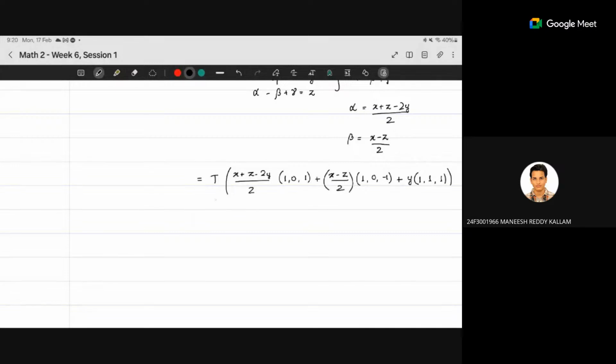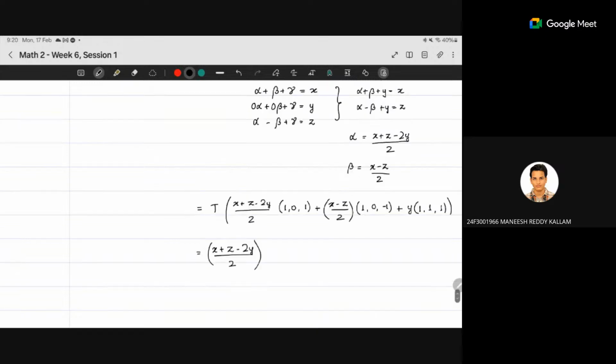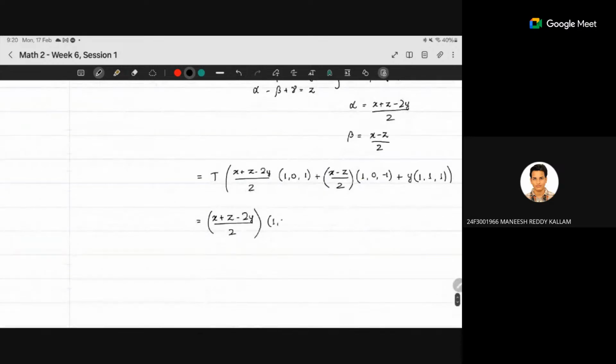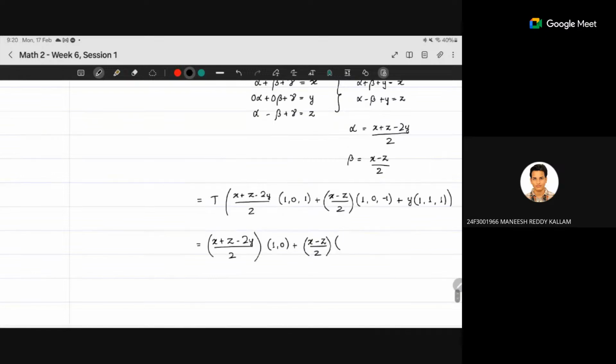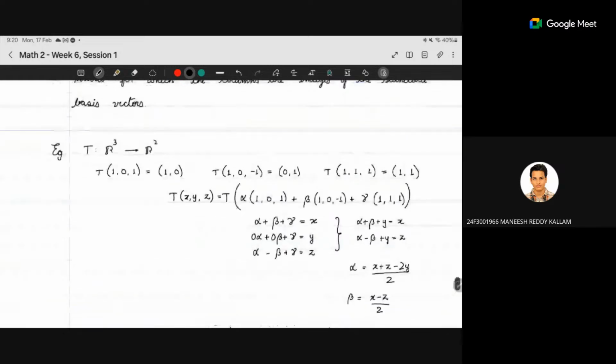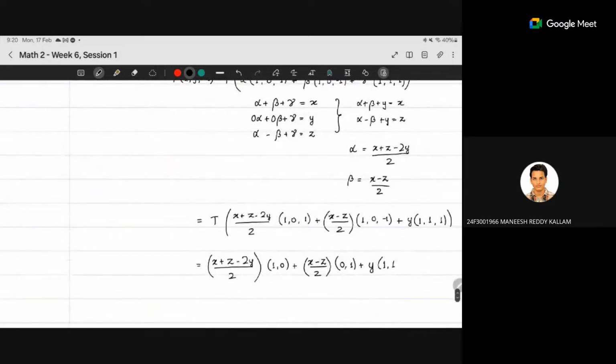But this is how we leave it, because using this, I'll get (x plus z minus 2y) divided by 2 times T of (1, 0, 1). What was T of (1, 0, 1)? It was just (1, 0), plus (x minus z) divided by 2 times (0, 1), plus y times (1, 1). Is it clear what I'm doing over here?